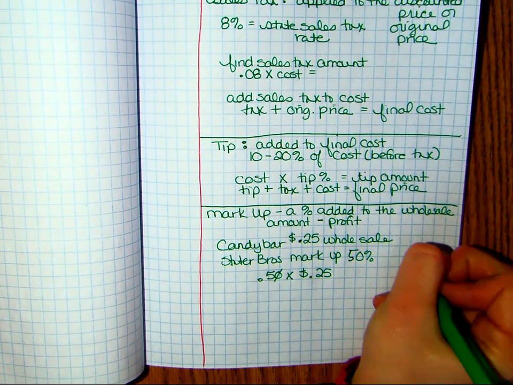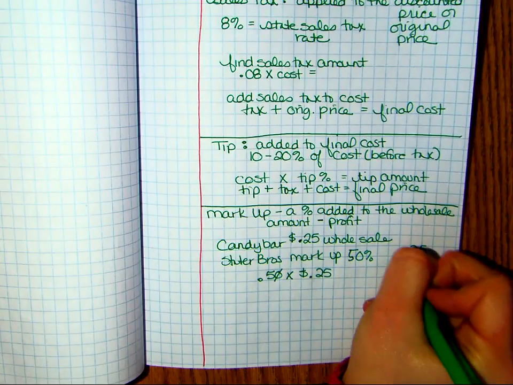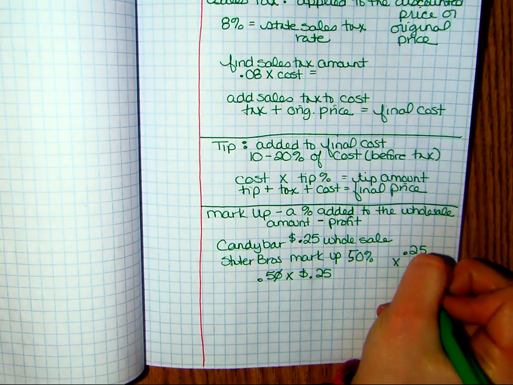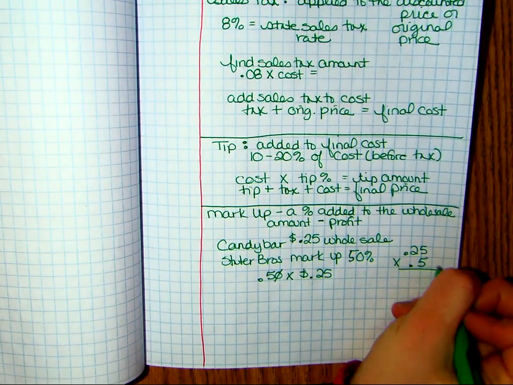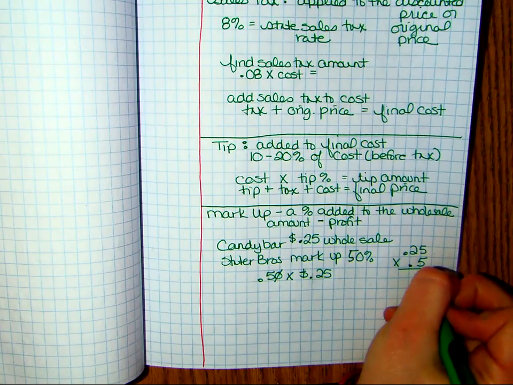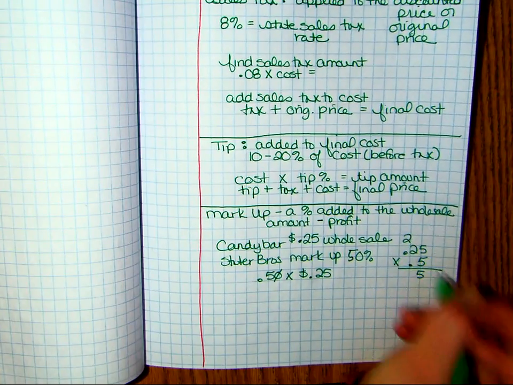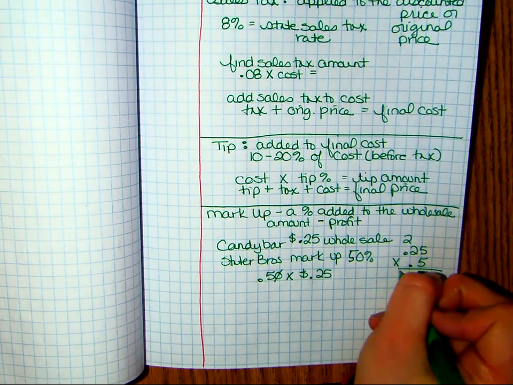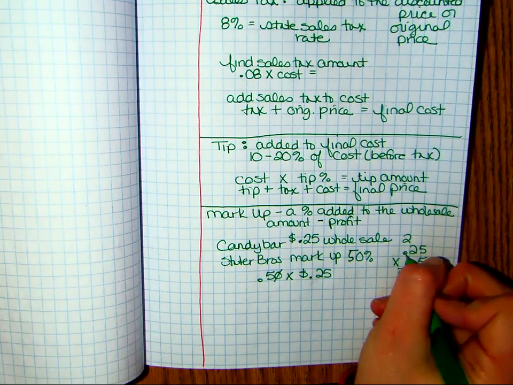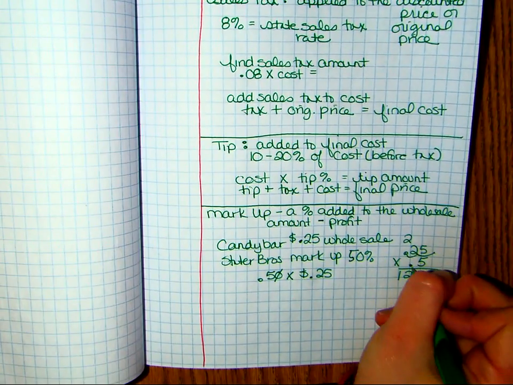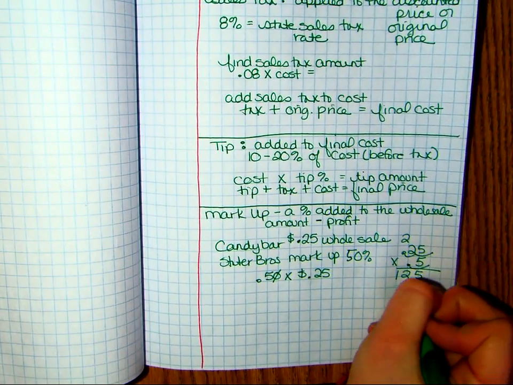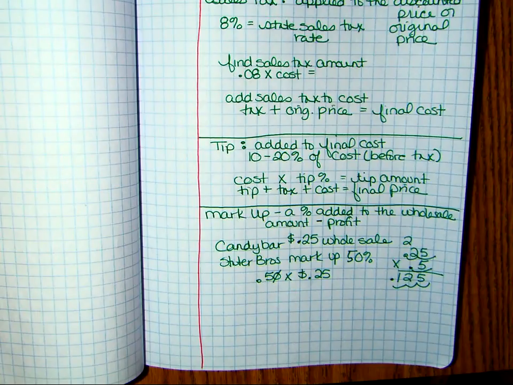If I do that out, 0.25 times 0.5, I get 5 times 5, which is 25. 5 times 2, which is 10, plus 2 is 12. I have 1, 2, 3 decimal places, so 0.125.